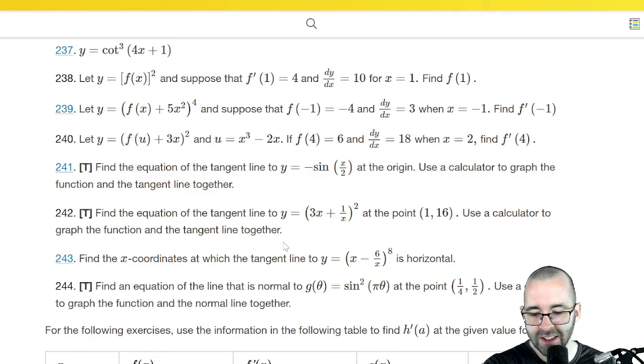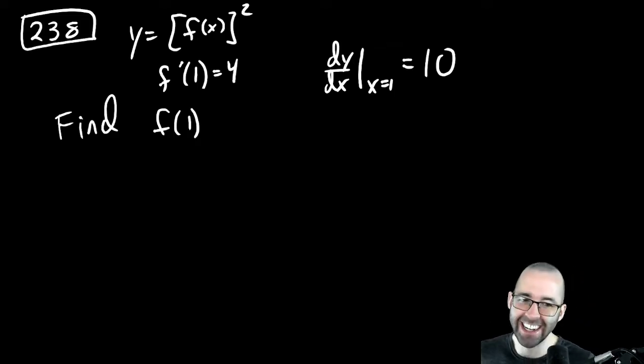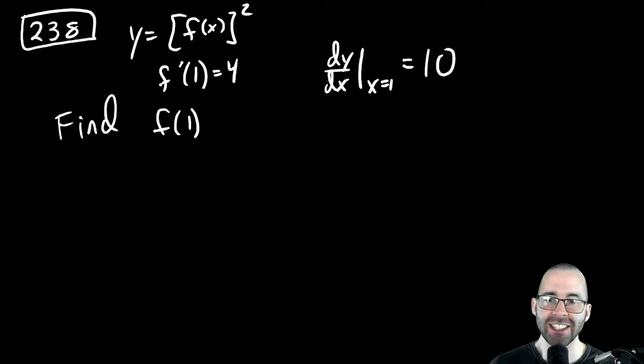All right, well, it's giving us information about the derivative. I have no idea where this problem is going. It's giving us information about the derivative. So if we want to use the information about the derivative, we need an equation for the derivative. I don't know how that's going to connect to f of 1. Oh, maybe I do actually.